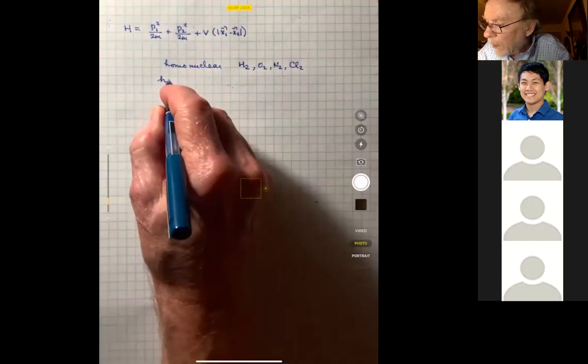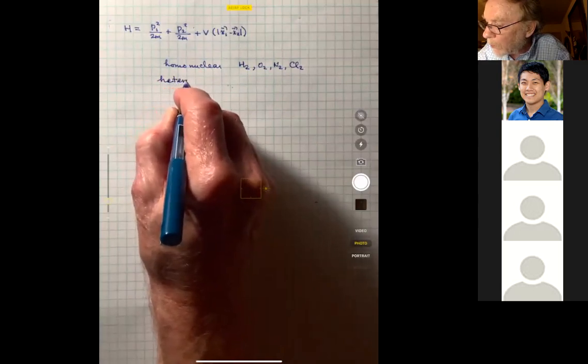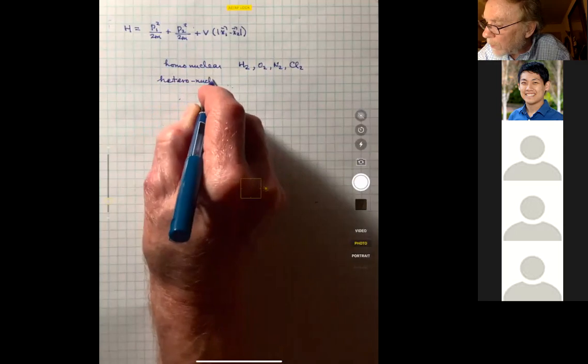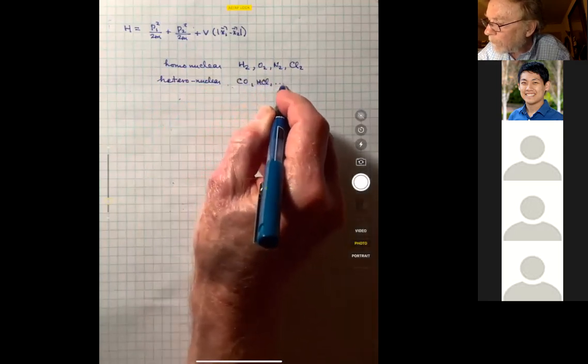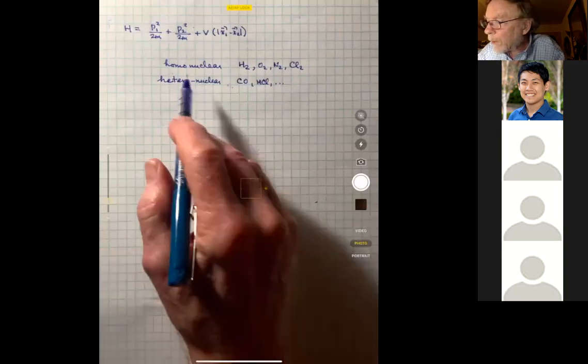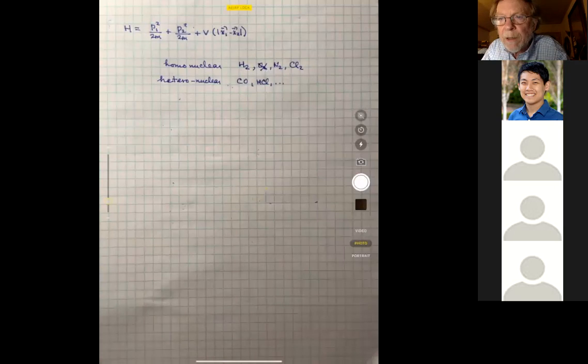On the other hand, if the nuclear species are different, then we have what we call heteronuclear diatomic molecules. And this includes, for example, carbon monoxide, hydrogen chloride, and there's a variety of them as well. So tonight we want to talk about the homonuclear ones. Actually, I'm going to exclude oxygen for reasons I'll explain in just a minute.